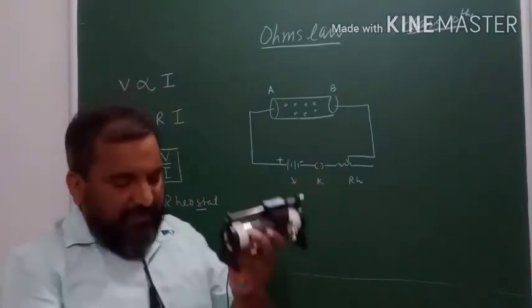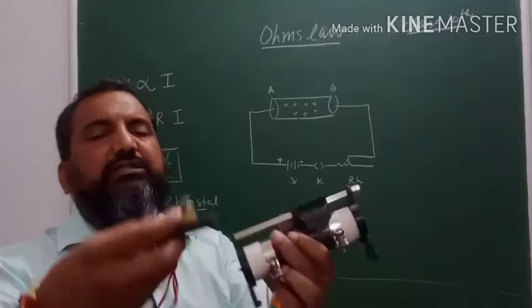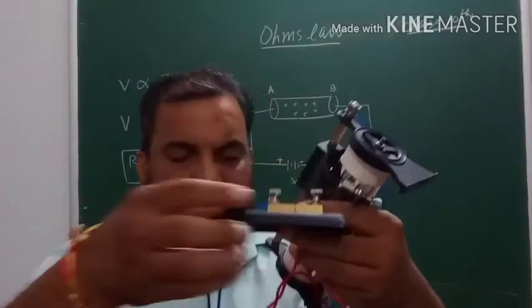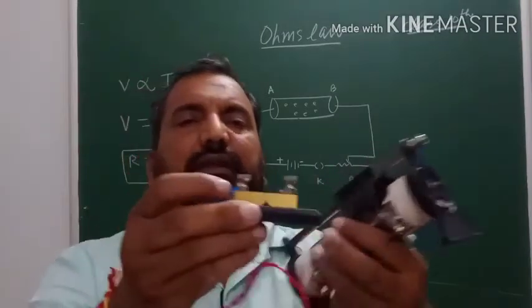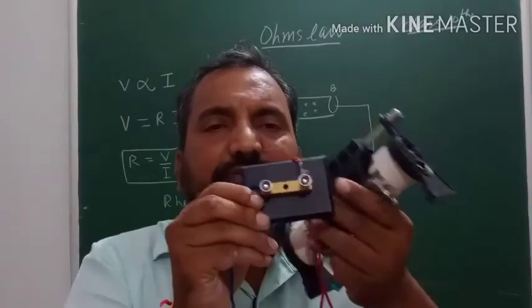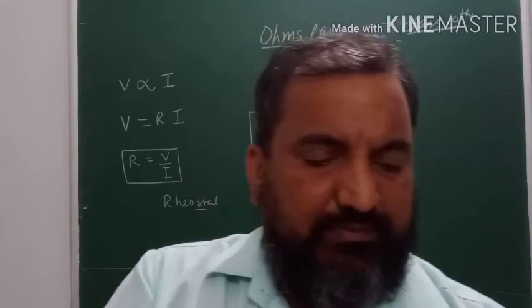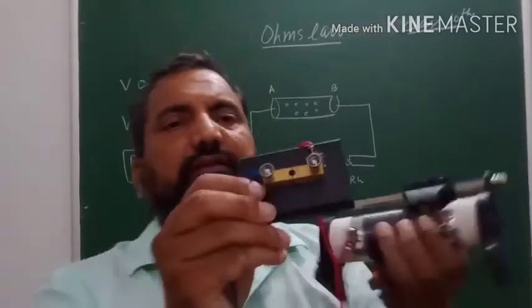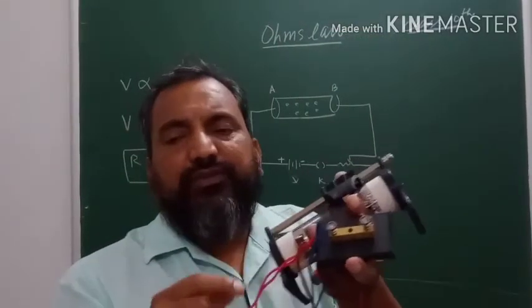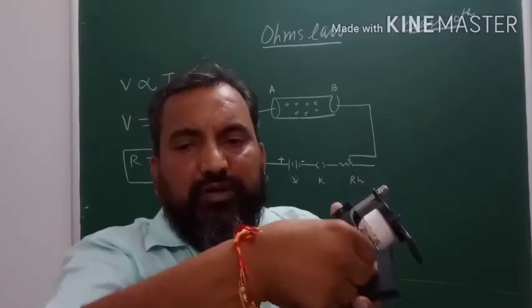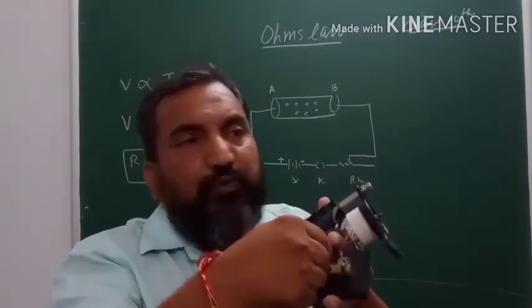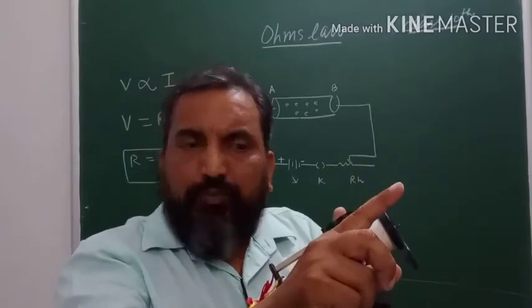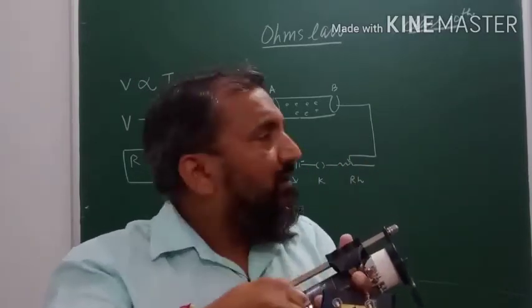This is a one-way key. It is a kind of switch. If you remove the knob, the key is off, and when you put it in, the circuit will continue.